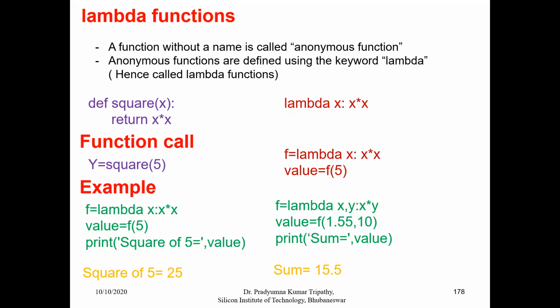Have you ever learned about anonymous functions, functions without a name, in any other programming language? Do you remember? I am giving you a hint: it is there in C++. Whether you have used it or not, I don't know.